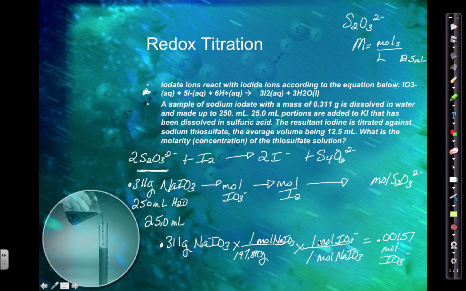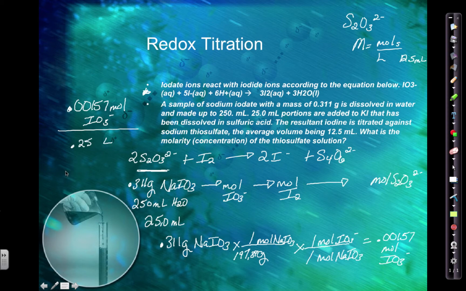All right, so now I need to figure out my molarity. So my molarity of just the iodate is going to be this divided by 250 milliliters of solution. So it's 0.00157 moles of iodate divided by my volume, which is 0.25 liters.